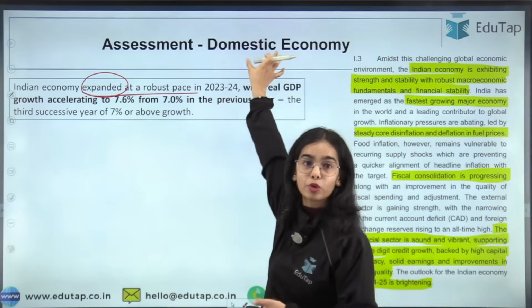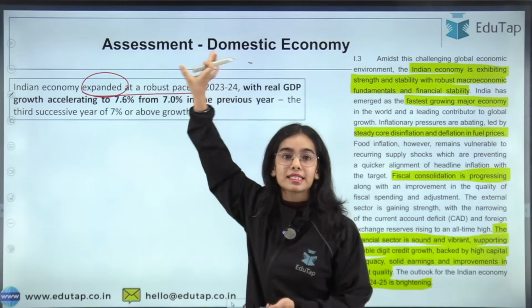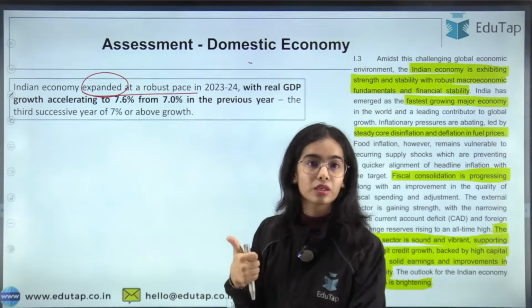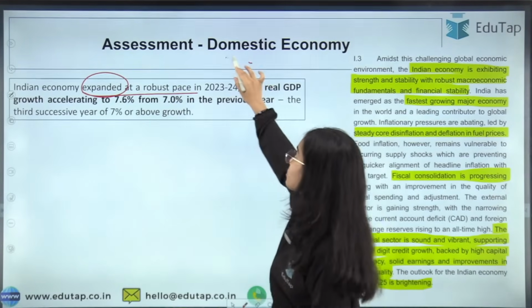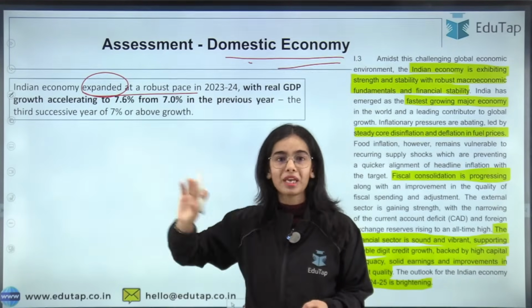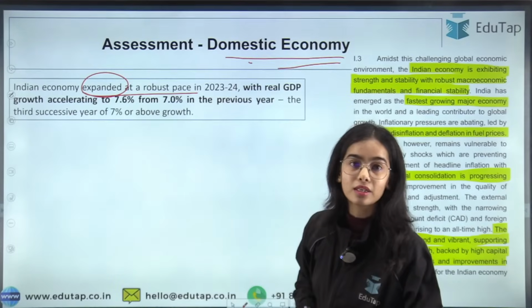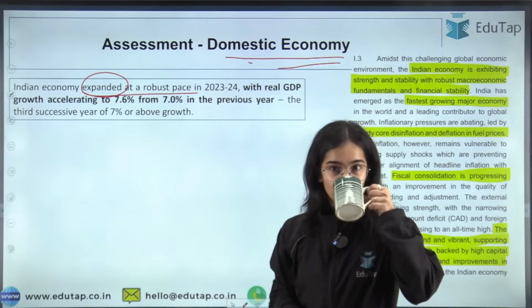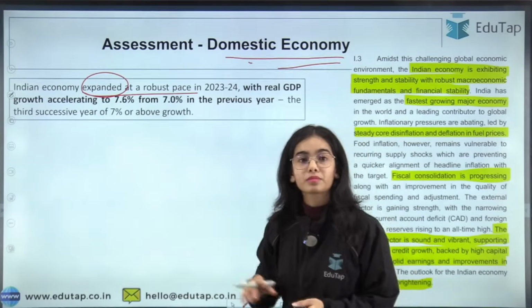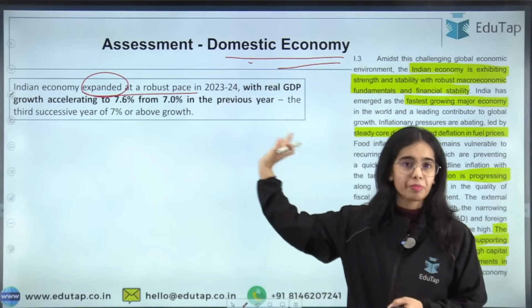So now we have come to the domestic economy. Let's see the assessment of the domestic economy. We are starting with the assessment and prospects of the global economy. Is it clear? Any confusion in that? I hope the previous slides are clear.